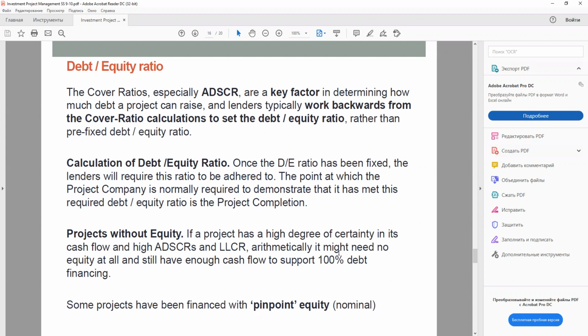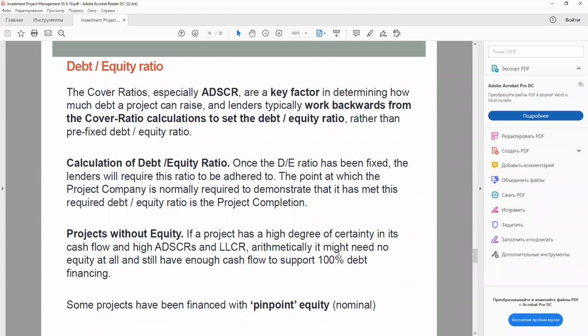But as we saw in the previous example, the lower the amount of debt which can be raised, and projects with a greater risk have lower debt equity ratios.